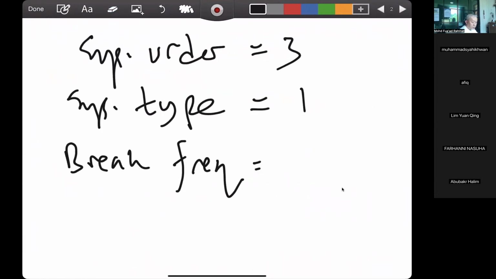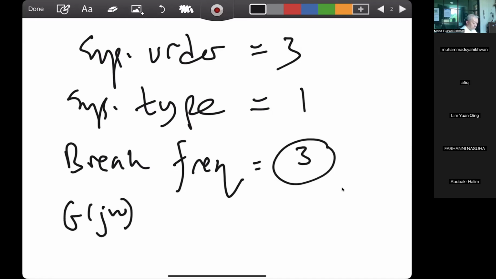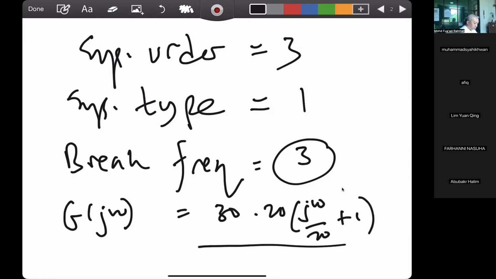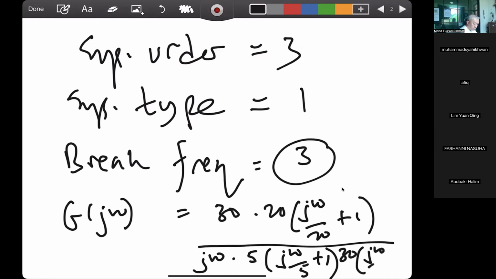From the transfer function we have three break frequencies.